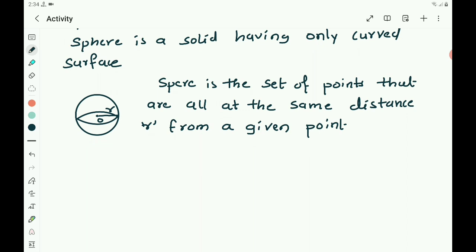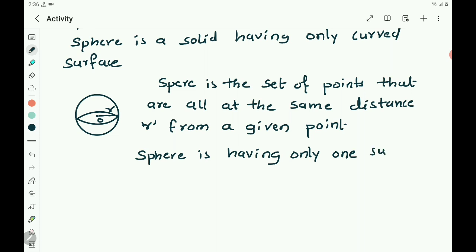So, right, sphere is having only one face, that is a curved surface.